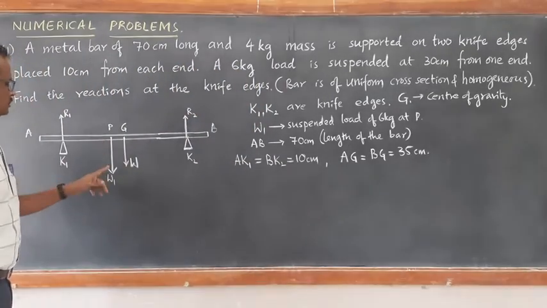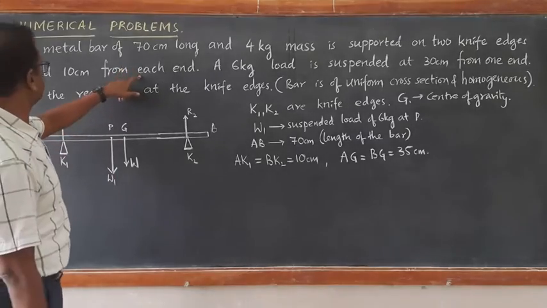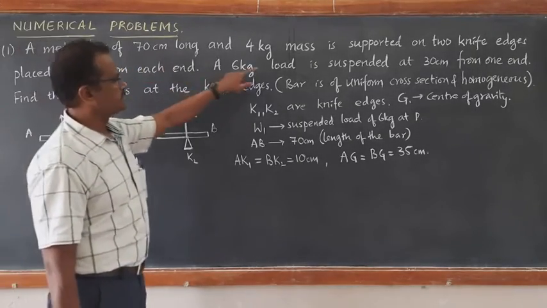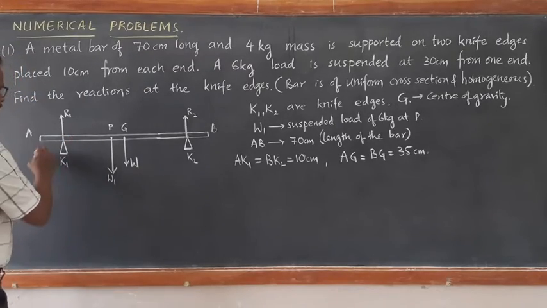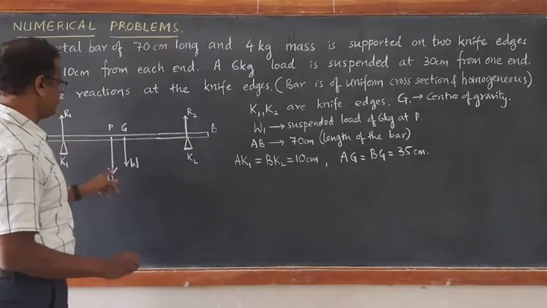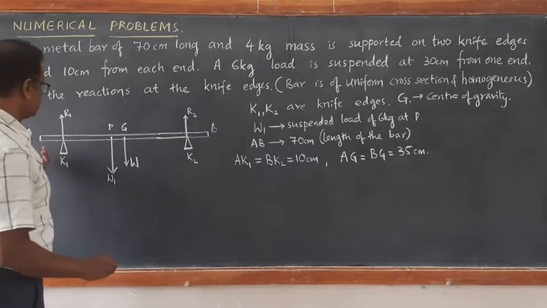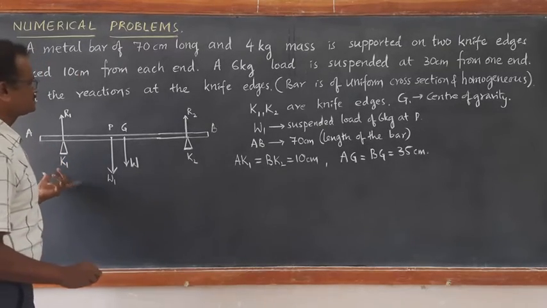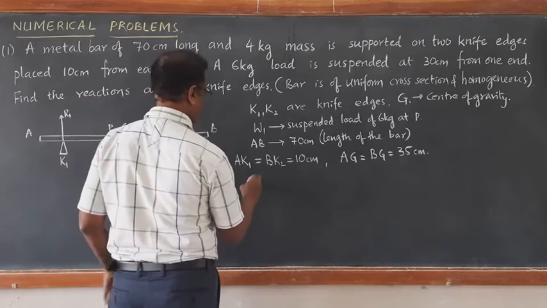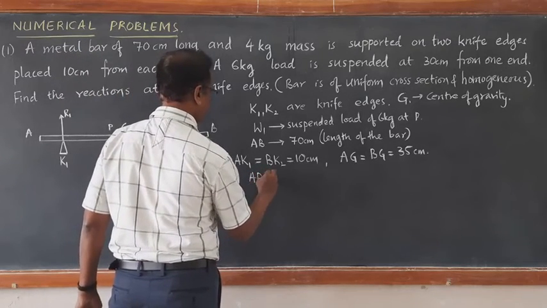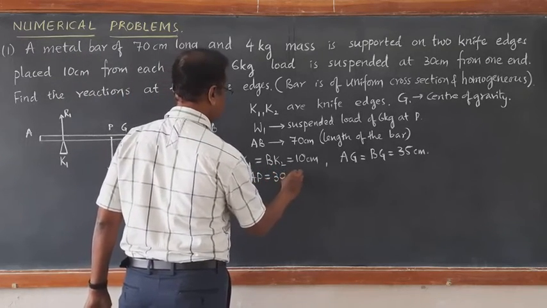Then the 6 kg load is suspended at 30 cm from end A. P is the position of the additional load. So AP is 30 cm. We'll write AP equal to 30 cm.